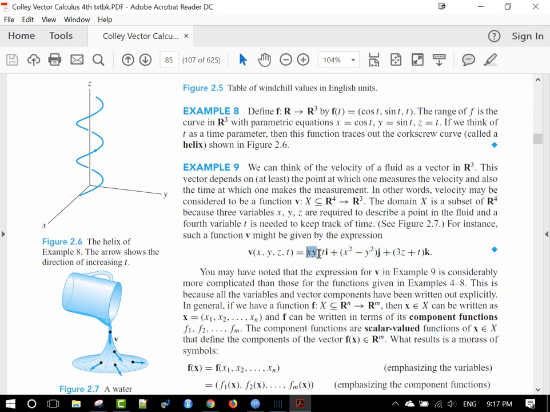Okay, now we're going to call this part the ith component of the output, and this part the jth component of the output, and this part the kth component of the output.